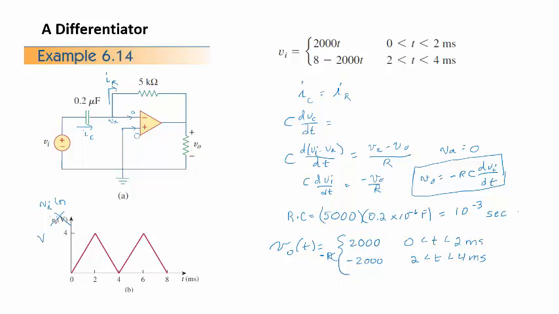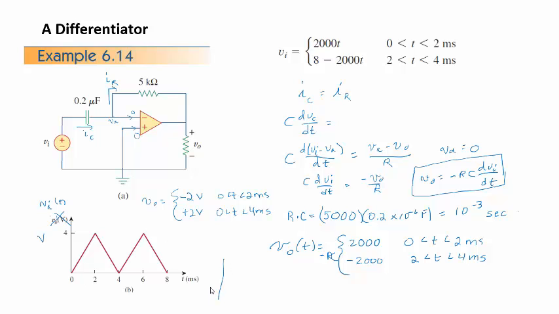So if I multiply it times minus R times C in the beginning to satisfy this equation, then the equation for V out actually becomes V out equals minus 2 volts for the first time block and plus 2 volts for the second time block. And it repeats.